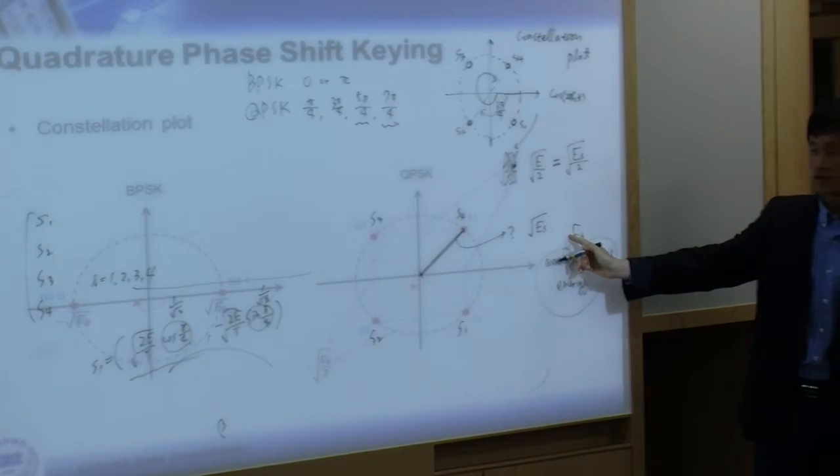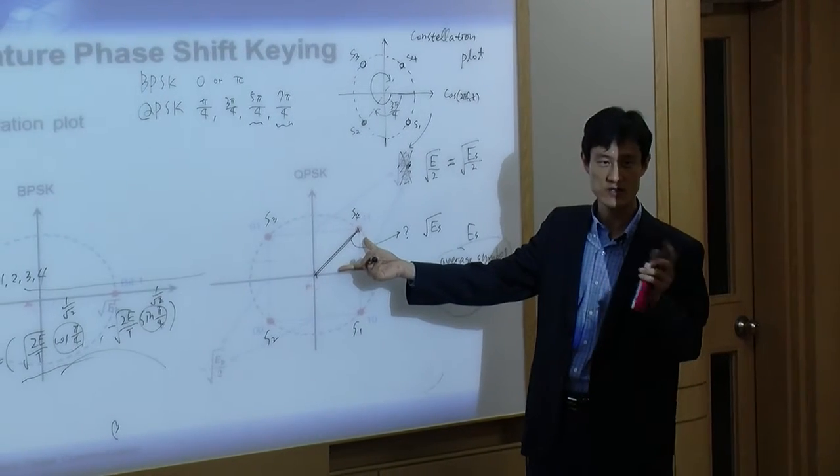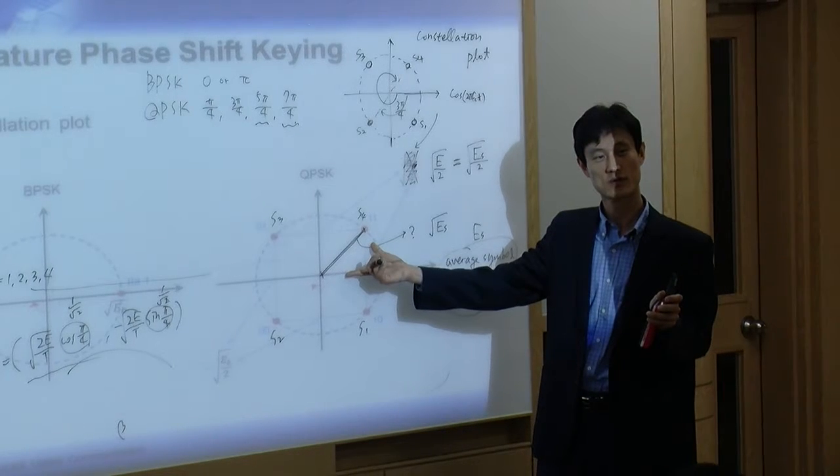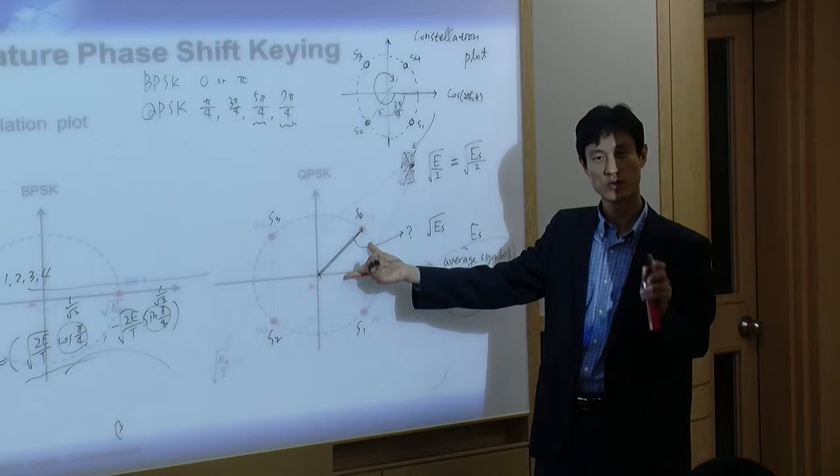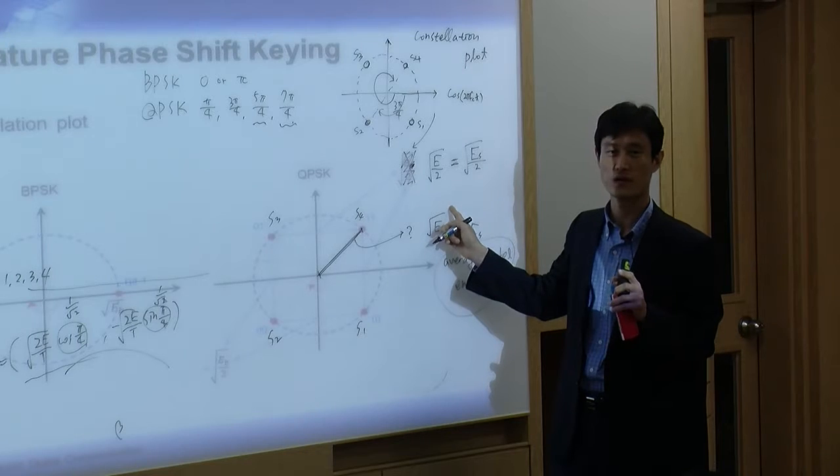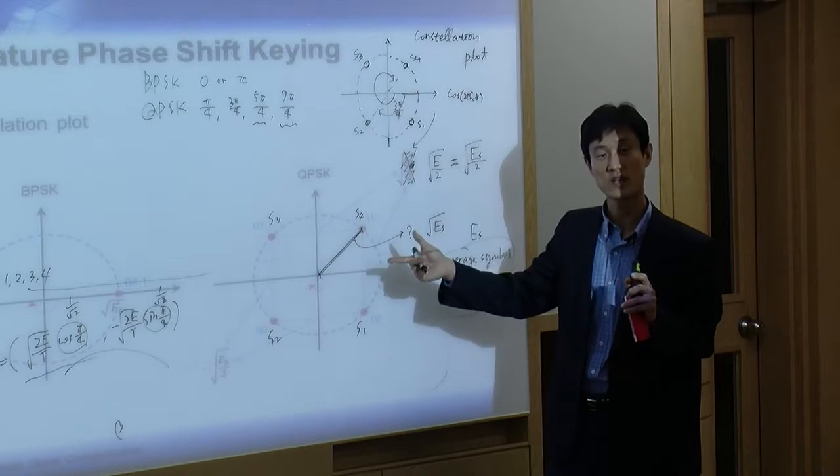That's ES. But what you see here is not energy. This is amplitude, not energy, right? So what you need to do is put the root square in order to get the amplitude.